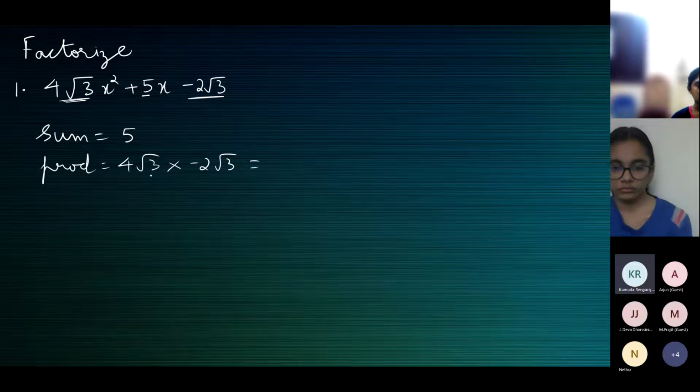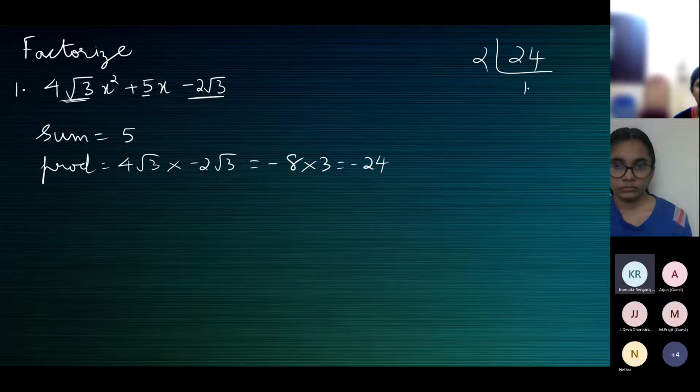When you multiply these two, 4 into -2 is -8, √3 into √3 is 3, which is -24. Now we need to find two numbers.